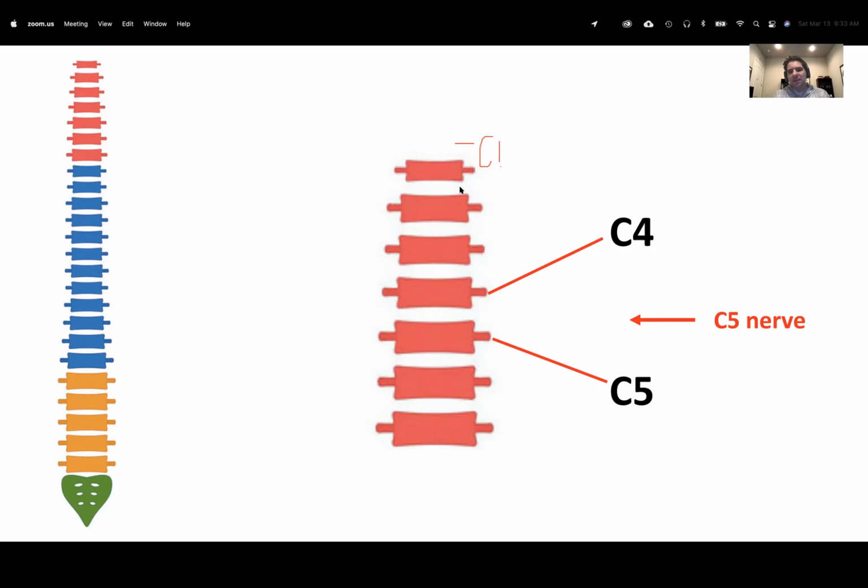Above C1, C2, C3, C4, C5. So between C4 and C5, C5 is going to come out above. Now, you actually have a C8 nerve, even though there's no C8 vertebra. So this is C8 right here, and it bumps all the nerves down one when you get to the thoracic region.